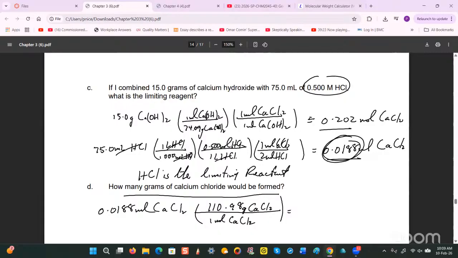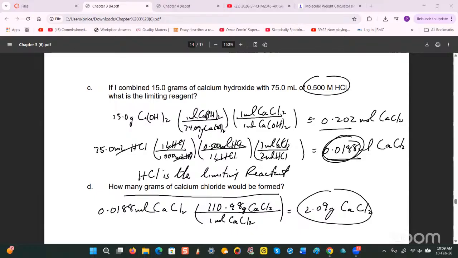According to my calculations, this works out to be 2.09, I'm sorry, 2.09 grams of calcium chloride. So that's what you'd expect to be the amount of calcium chloride formed. All right. Any questions about this one? Any questions?